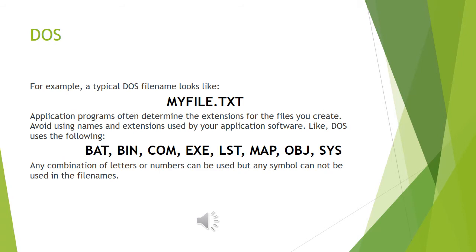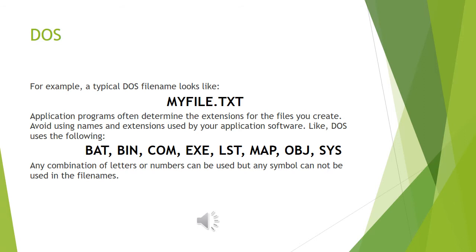Now you can see an example of a typical DOS file name, how it looks. Let's imagine a file name myfile and its extension is txt. Application programs often determine the extensions for the files you create.